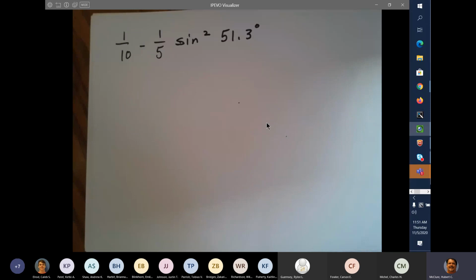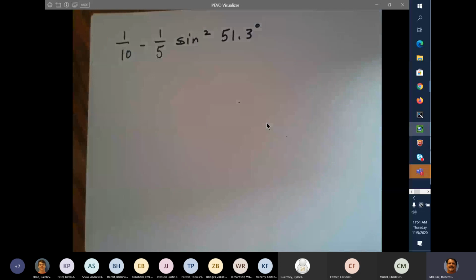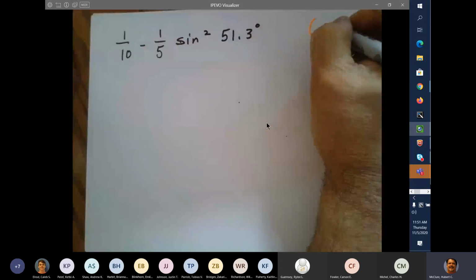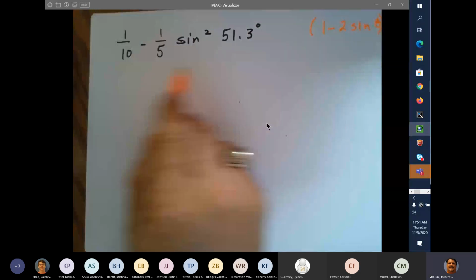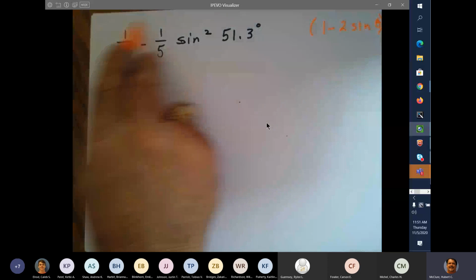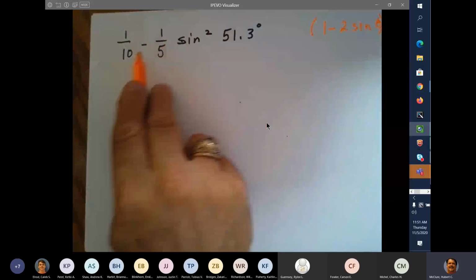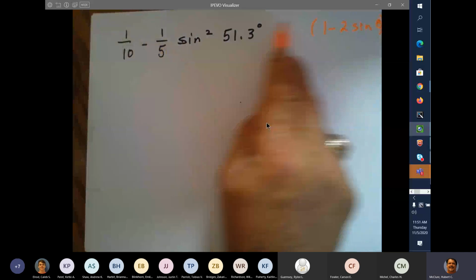And the identity you're thinking about, I'm going to put it in pink or orange, is 1 minus 2 sine squared of theta. Because you've got this look right here of something minus something sine of theta. So if you could get a 2 right here, then that would make things a whole lot easier.